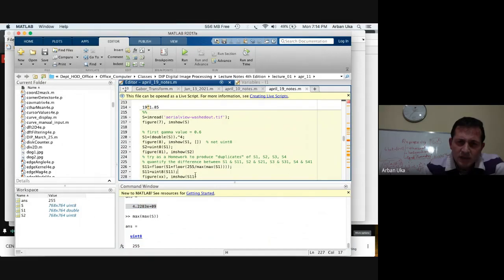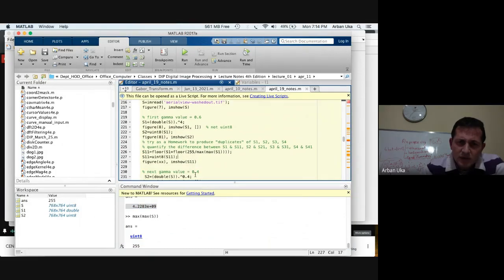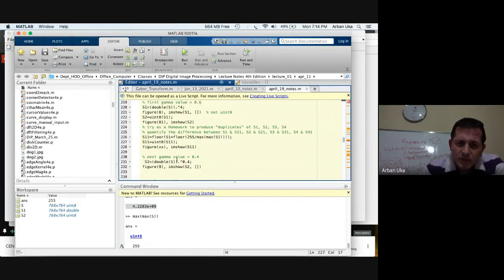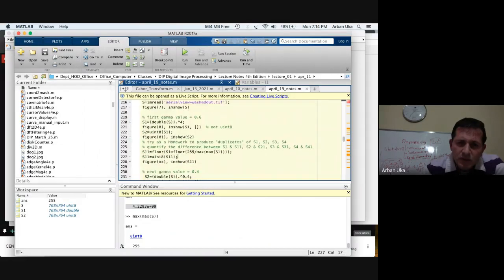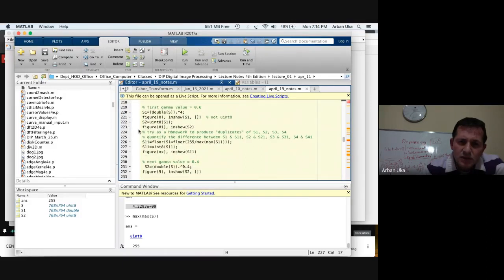Okay, now here we see another example. You can play around again with the possible values of gamma. Let's do this one. We have S2, let's call this one S21, and this one also S21. Now let's assume that gamma is equal to 0.4.